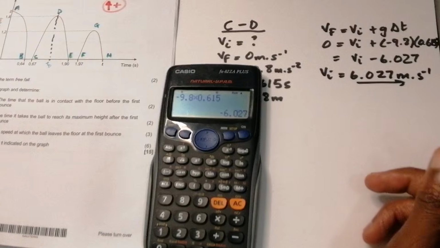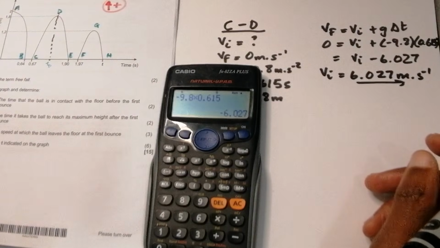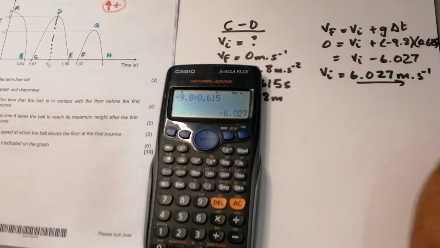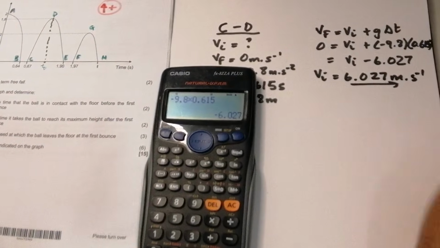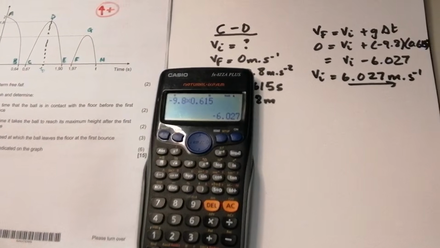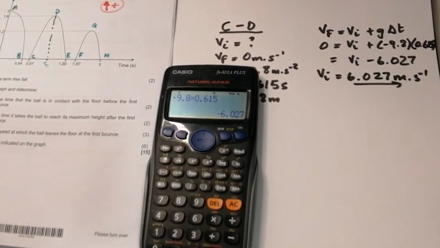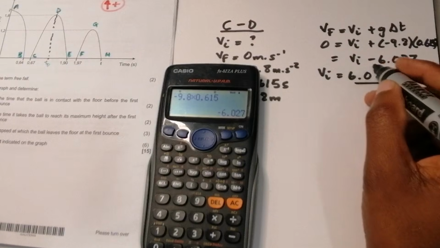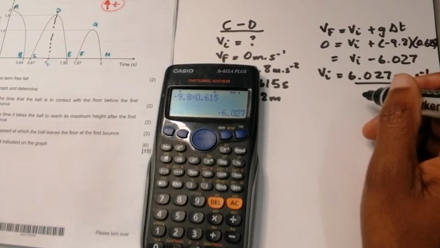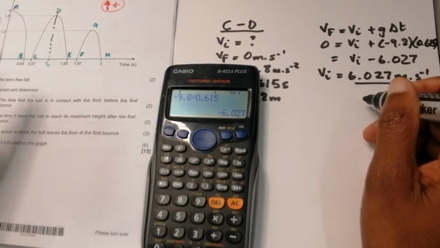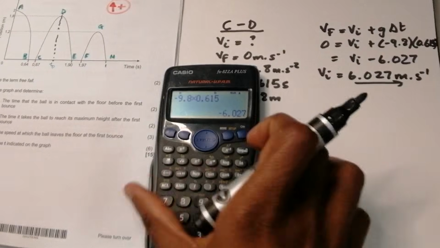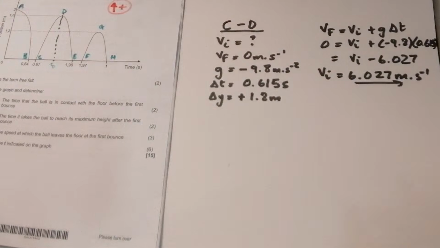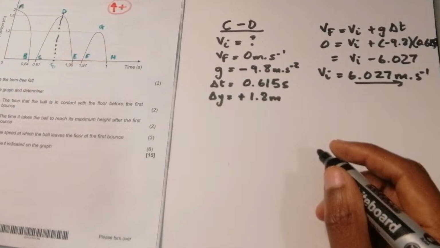Obviously in this case they said to me the speed, so I didn't need to show the direction, but if they had said calculate the velocity, then I would have had to show the direction. We got a positive value, and we know that upwards is positive, and obviously at point C it was actually going up. I hope you get the point.